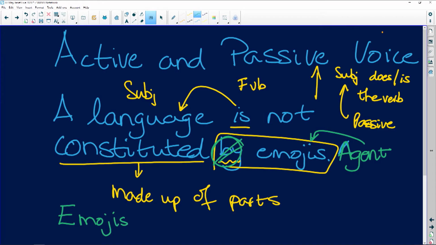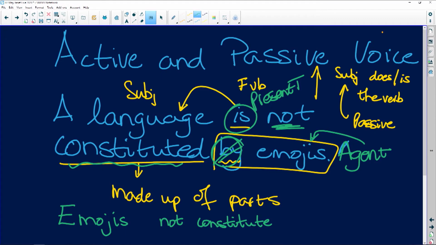All right, a language is not constituted. We're in what tense? Present. I hope everybody is chanting this wherever you are watching. So we want the present, negative, active of constitute. Emojis. Now we can't in English say emojis not constitute.